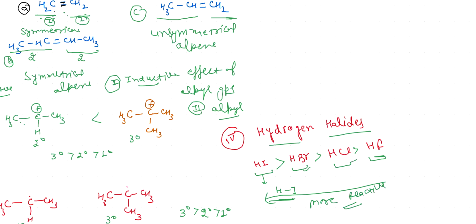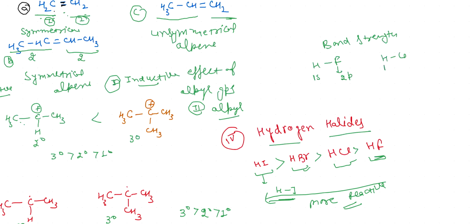The reactivity depends upon the bond strength. Clear? Okay. The bond strength: in HF, the orbitals used are 1s and the fluorine is using its 2p orbital. But in the case of HCl, the bond is formed between orbitals 1s and 3p.